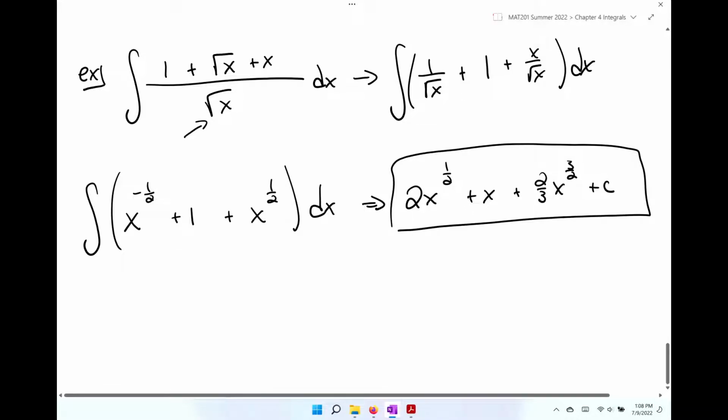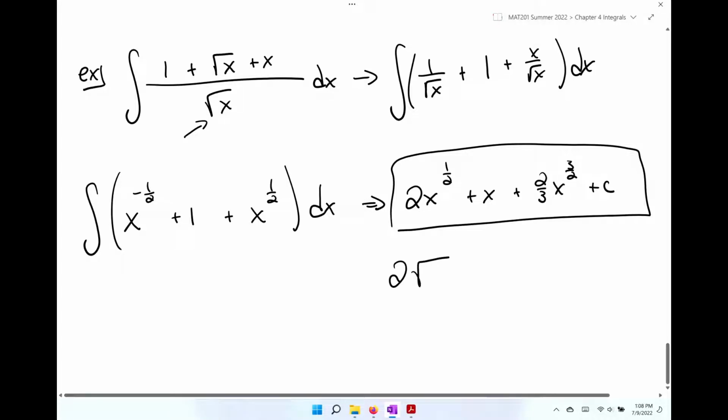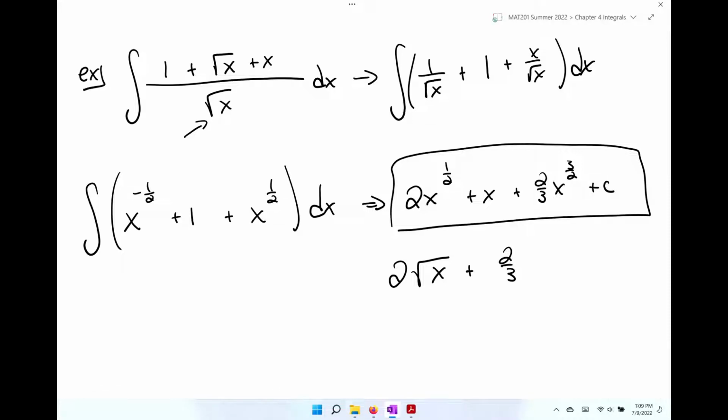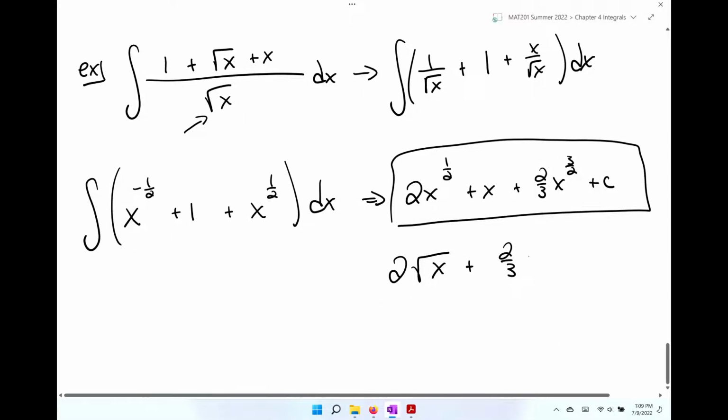And if you type this in WebAssign and it marks it incorrect, then you might want to type it in using the actual square root notation, meaning, take that 1/2 and write it as a square root.